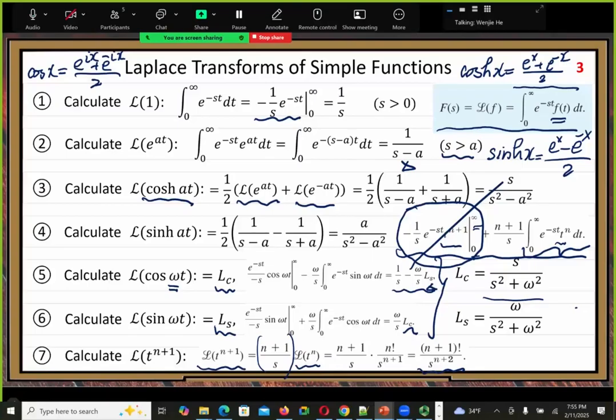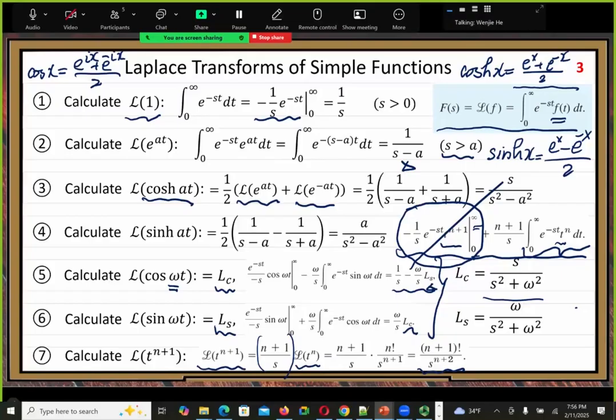If n is negative 1, you get our first basic formula, right? t to the 0, that's 1. So in this formula we consider n greater than or equal to 0.